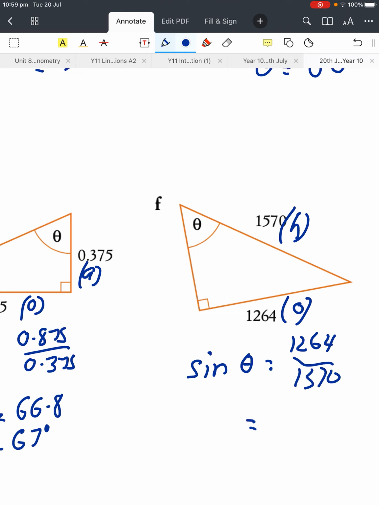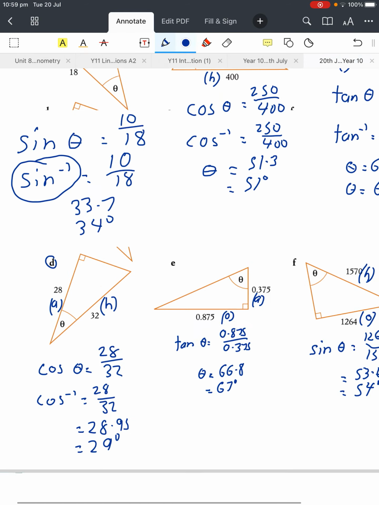Pick up your calculator, press shift, sine, fraction button, 1264, scroll down, 1570, scroll across, close brackets, equals 53.6, and that equals 54 degrees.